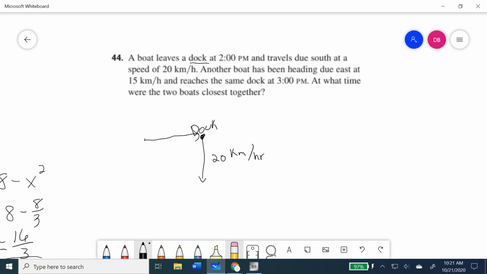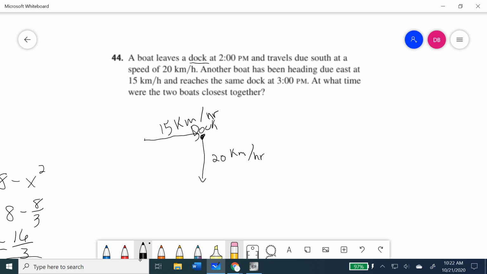If I've got to read it a couple of times to figure out what it is, you need a diagram. It is moving at 15 kilometers per hour. It wants to know at what time the two boats are going to be closest together.